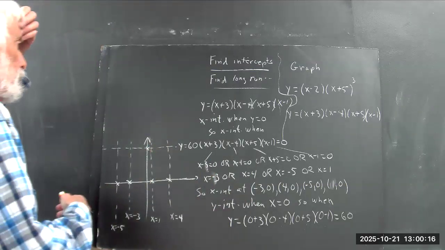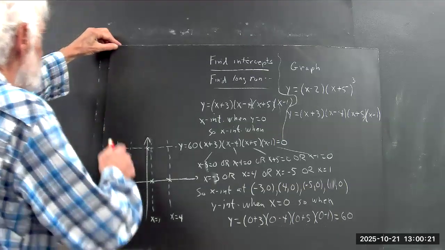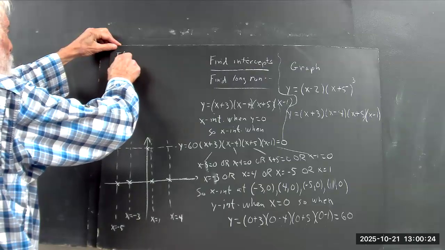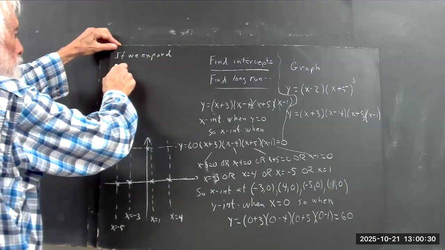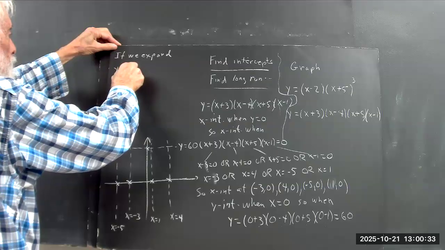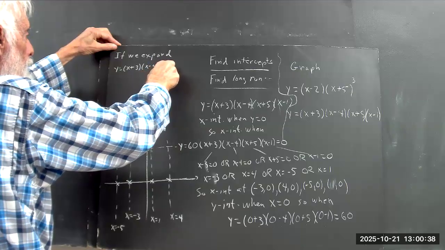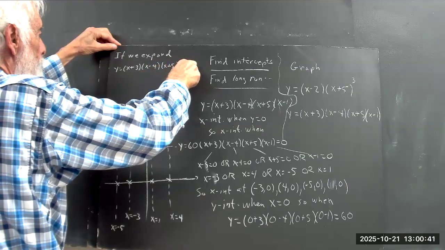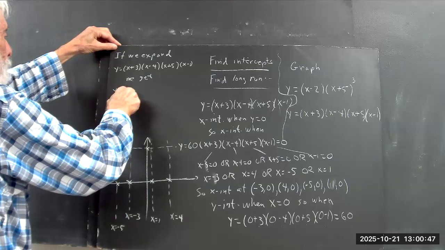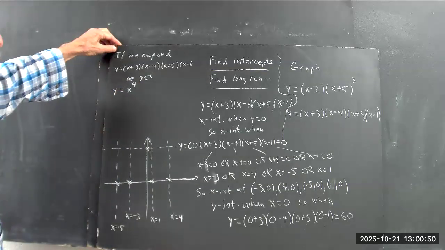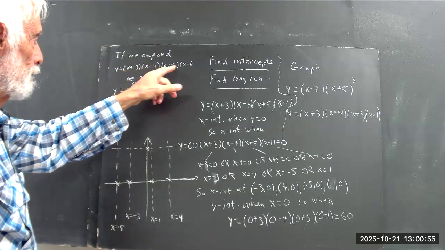I said, well, the long run behavior first place, we get y equals x to the fourth. Okay, this x is going to end up multiplying this x and this x and this x.